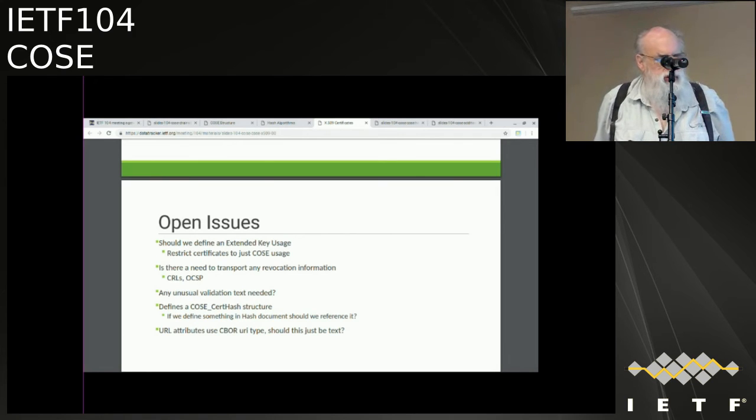The URL right now is set up to say, put the CBOR URI tag on it. And that's probably redundant, since that's the only thing that's going to be in that field. So my inclination right now is I'm going to remove that unless someone has a reason to say no.